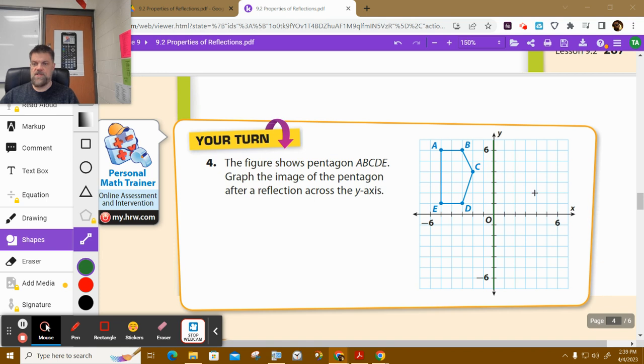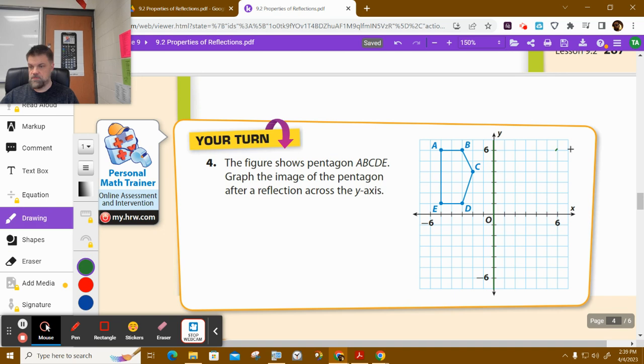All right, I'm going to start. So A is 1, 2, 3, 4, 5, 6. So I'm going to go 1, 2, 3, 4, 5, 6. And then that will be my A prime. B is 1, 2, 3. So I'm going to go 1, 2, 3.